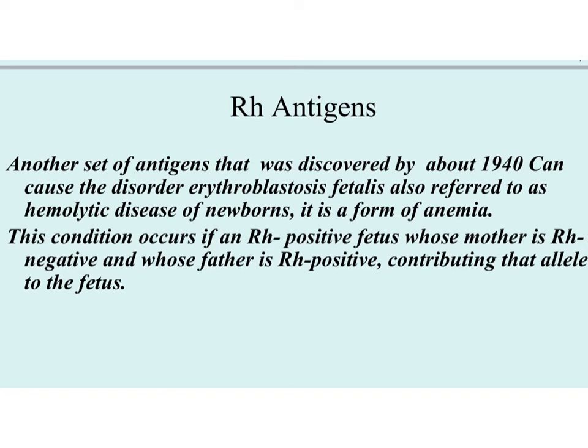And what that means is with her next pregnancy, her body will see the developing embryo as being a reoccurrence of the infection and will attempt to attack the fetus. And what it does is it attacks the blood cells of the individual and it tries to kill the red blood cells. So we call that disorder erythroblastosis fetalis.